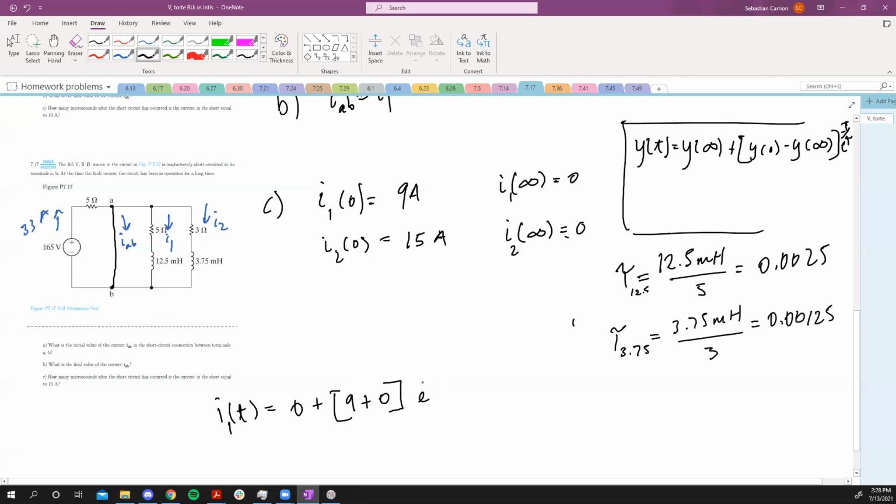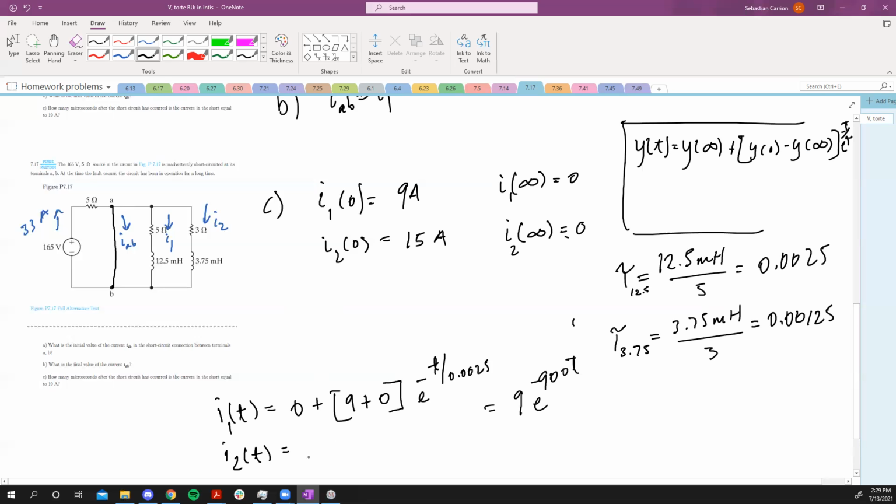So 1 over 0.0025 is 400, so it's going to be 9 e to the negative 400t.